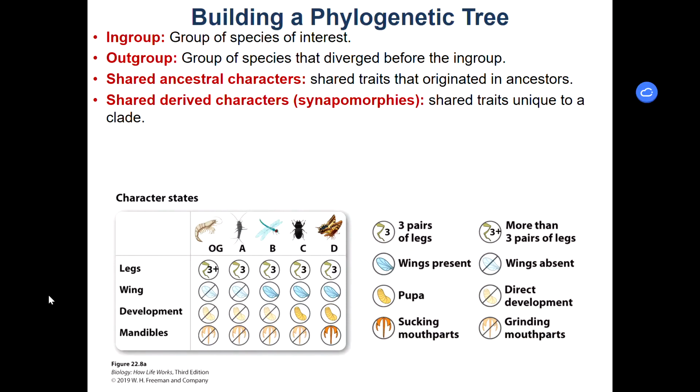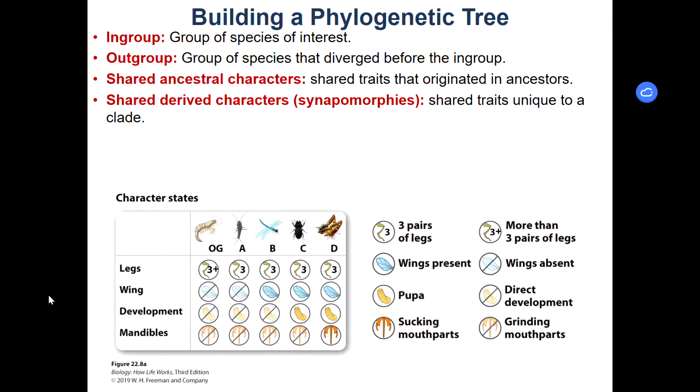We then look at shared ancestral characters, so shared traits that originated in our ancestors. So if we're looking here for these characters, we have a lobster, our outgroup, a silvertail, a dragonfly, a beetle, and a butterfly. We want to look at our outgroup, our most basic organism, and we can see that legs is found in all of these organisms we're interested in.